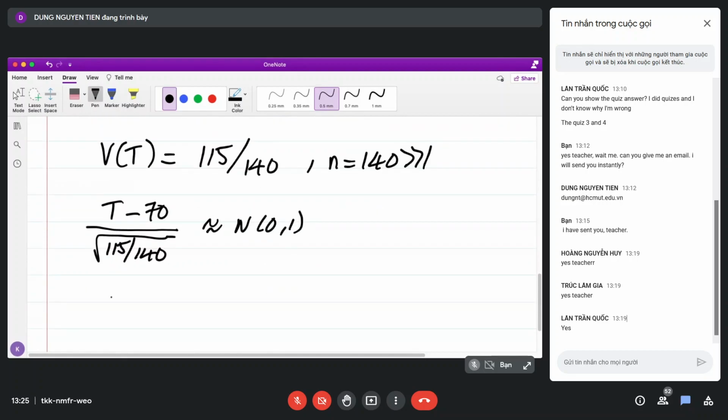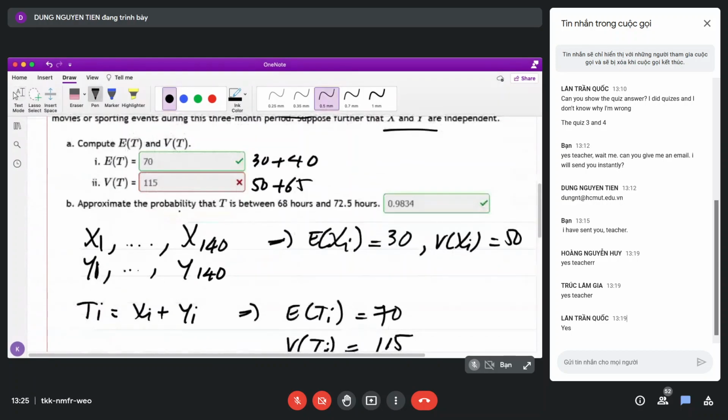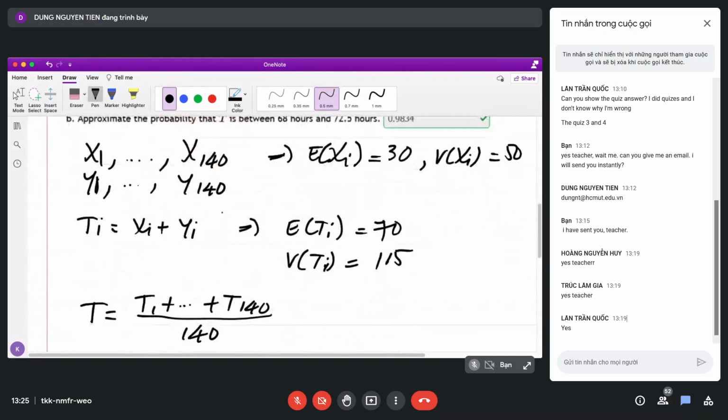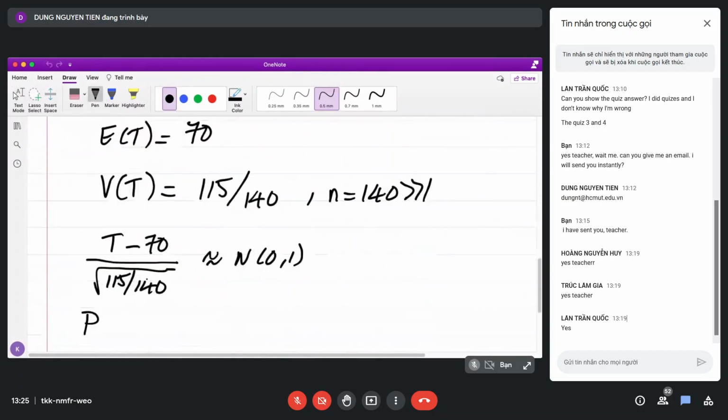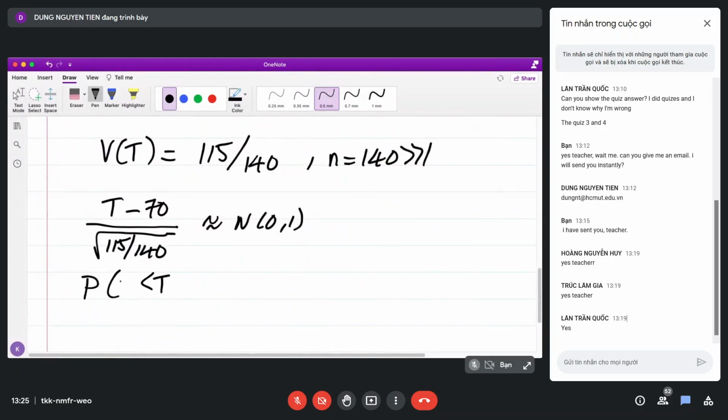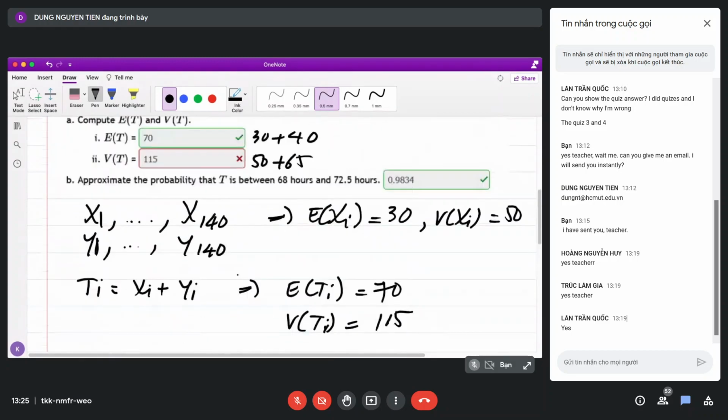All right. Then for the second question, you want to find the probability that T is between 68 and 72.5.